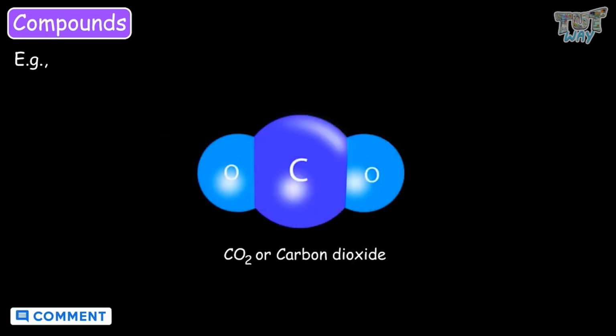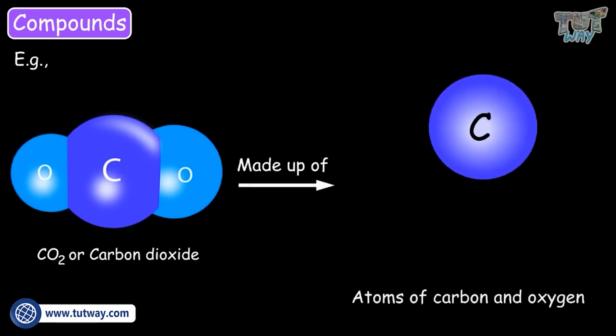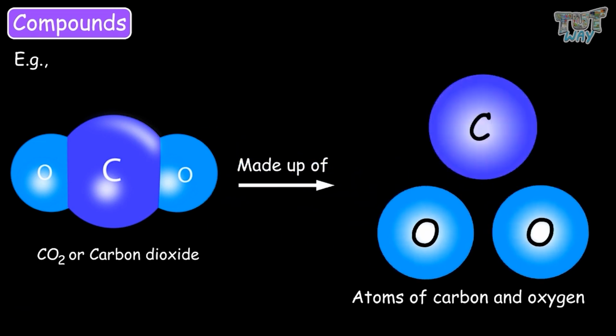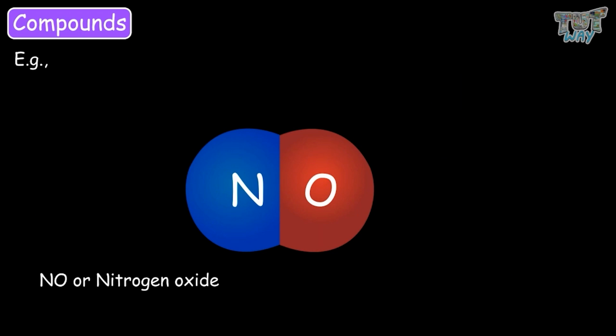Carbon dioxide, or CO2. Carbon dioxide is a gas that is a compound because it has 2 types of atoms, atoms of carbon and atoms of oxygen, and each molecule of carbon dioxide has 1 atom of carbon and 2 atoms of oxygen. Nitrogen oxide. Nitrogen oxide is a gas that is a compound.